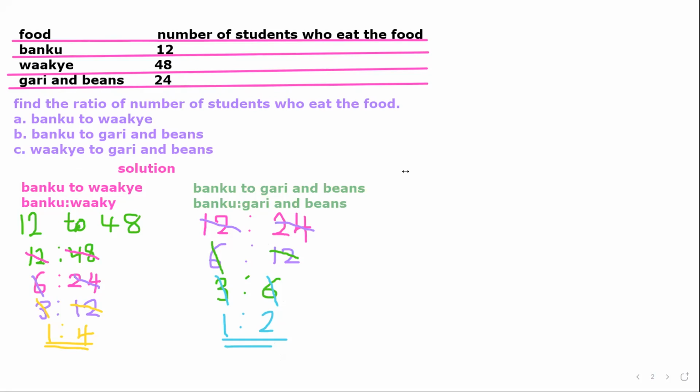Now we have Wache to Gari and beans. Sorry. Which mathematically we have Wache to Gari and beans.